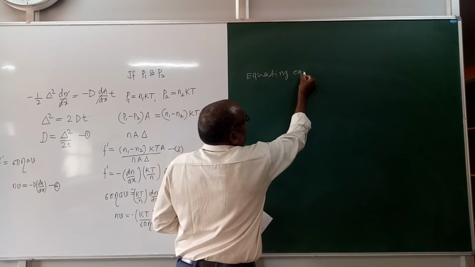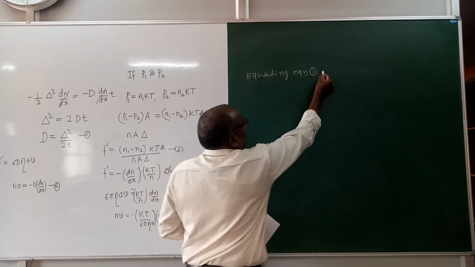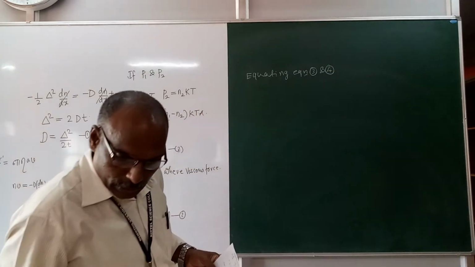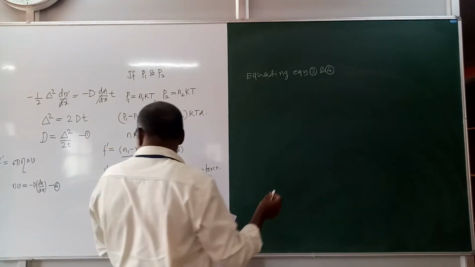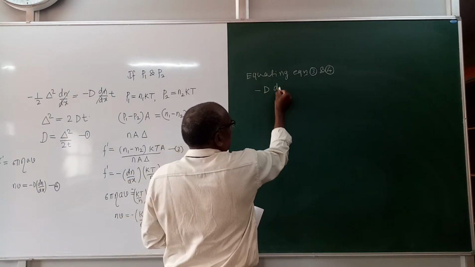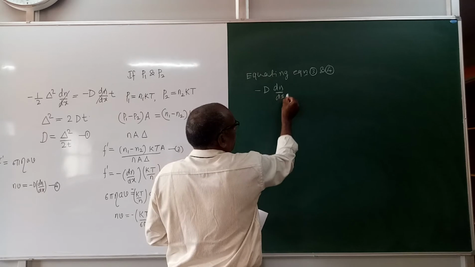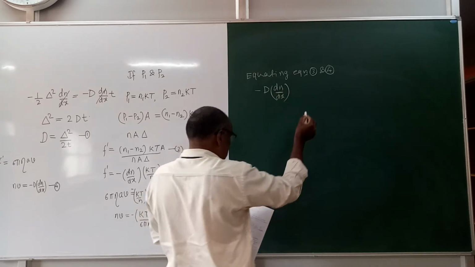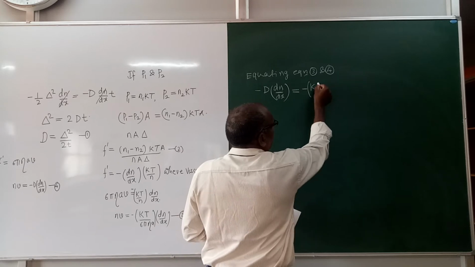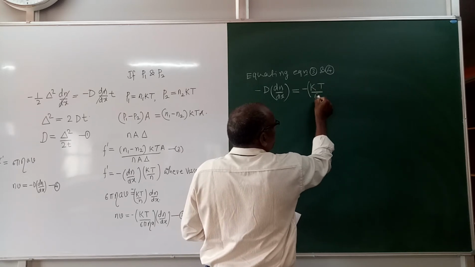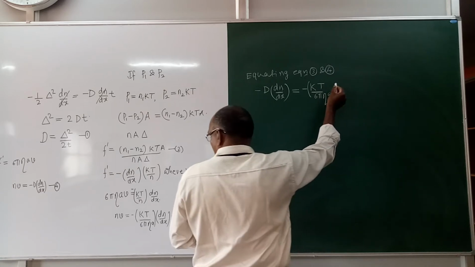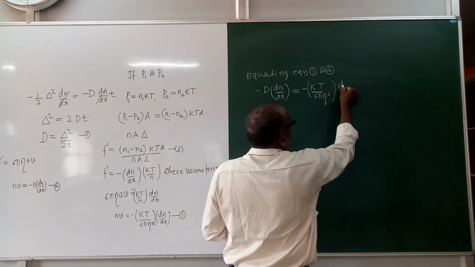That is minus capital D dn by dx, the velocity gradient, which is equal to minus kT, I will put it in bracket, kT upon 6 pi eta a, dn by dx.